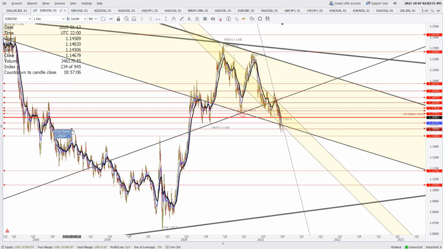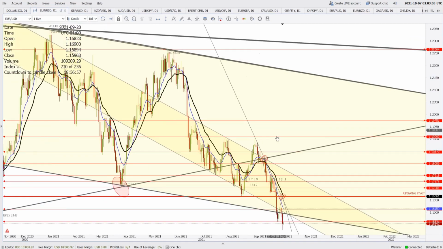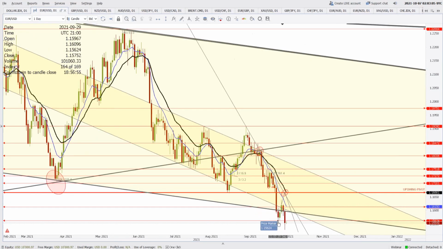After the price broke higher from here, now is the time when the price is testing. But after the test, when the price went higher from here on 29th and 30th of September, the price could not maintain the highs and came back to break this level. Now this is a clear indication that buyers are not interested at this price. This means that there is more selling possible in this pair.